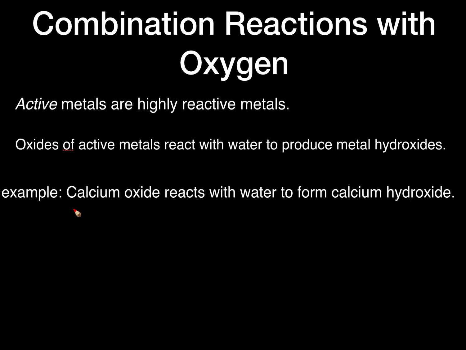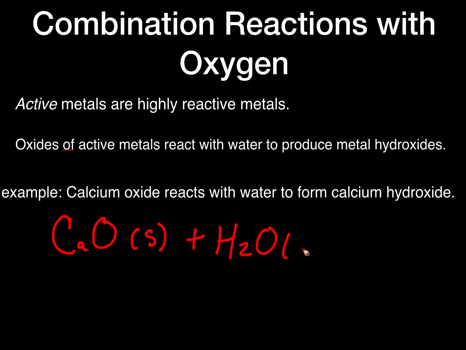So we have CaO, which is a solid, reacts with, that means plus, water, which we know is a liquid, to produce Ca(OH)2, which is also a solid.